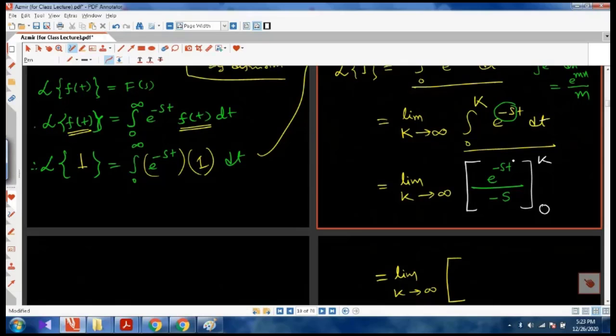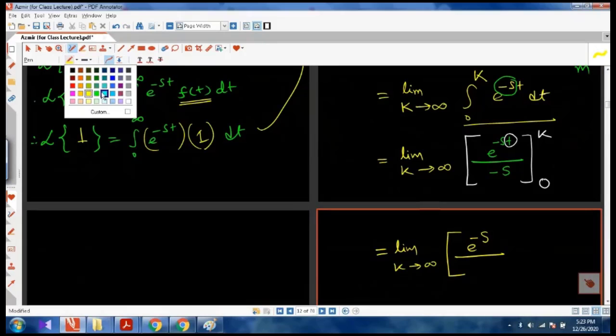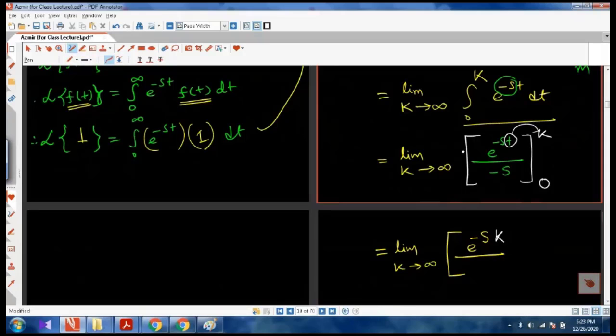So the upper limit will be plugged in the place of t, and the lower limit will also be plugged in. So in the next step we can write e to the power minus sk, that means t is replaced by the upper limit, by minus s.